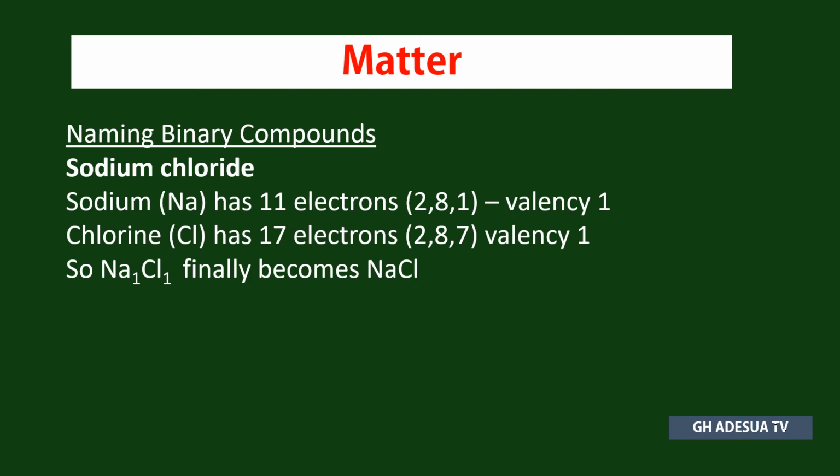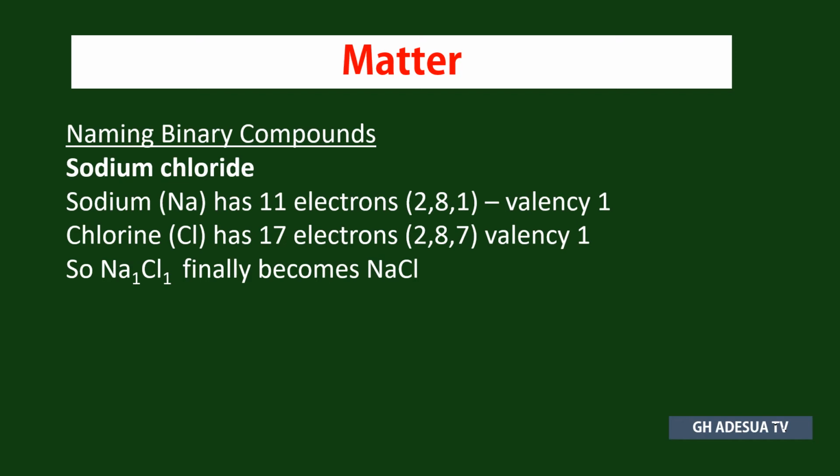So sodium has 11 electrons. And this is written in the form 2, 8, 1. 2 first, 8, making 10. You don't put 9 there, you leave the remaining for the next shell, 1. So the outermost shell of sodium has 1 electron.